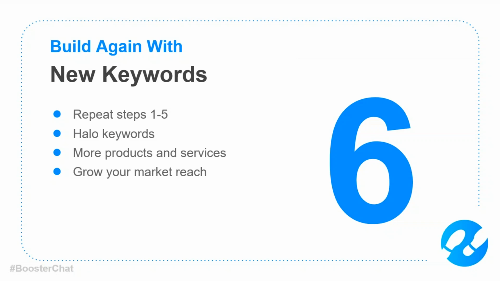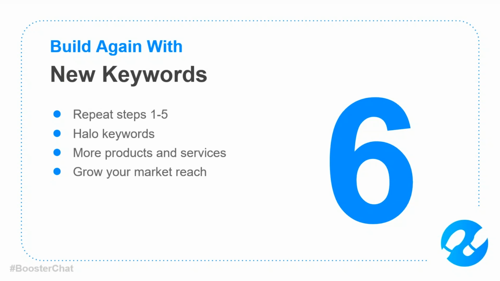So what happens when you do get to the first page and you start getting all this new traffic and all these leads, all these phone calls and all the new sales? You know, that's when you expand. You keep growing your online presence with new keywords. Now, I mentioned halo keywords a little bit earlier. Once you're ranking for the initial keywords that were the target of the campaign in the beginning, then you start to expand and work on the other search terms that are going to have a positive impact.